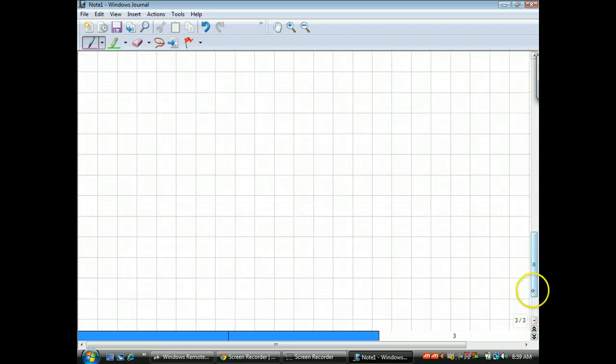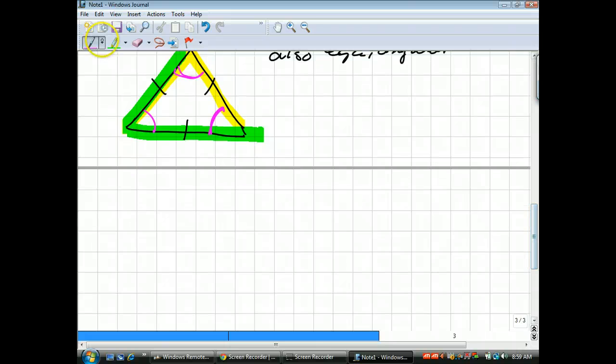Okay? Corollary 2 says that an equilateral triangle has three 60-degree angles.